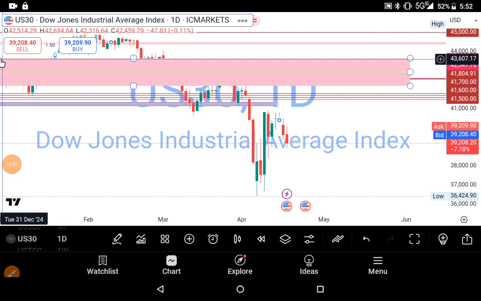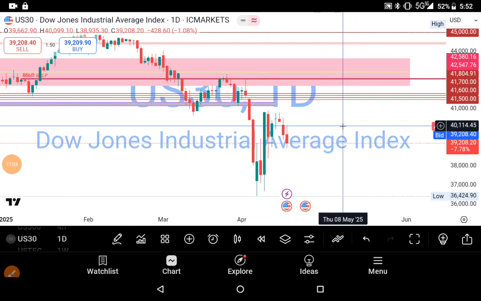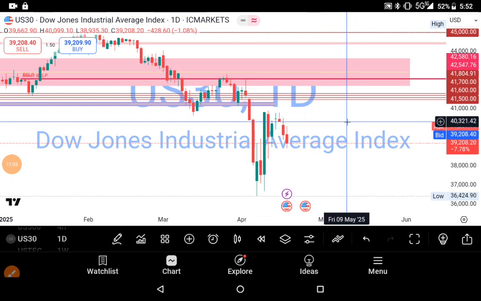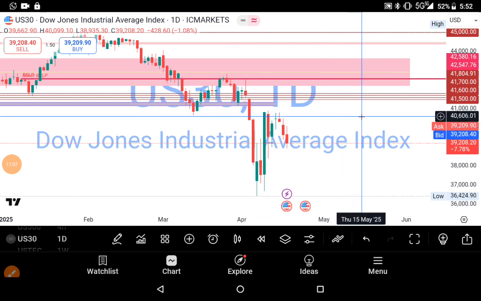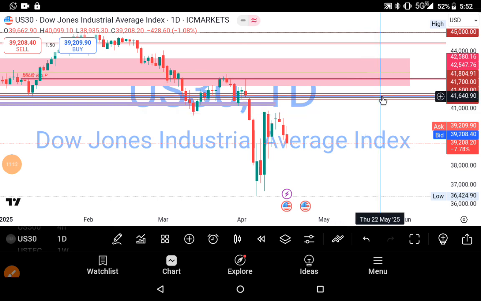I'm sticking to that bias because we are approaching the end of the month of April, and we are also approaching the beginning of another month. So there are things that could happen, a kind of seasonal change.